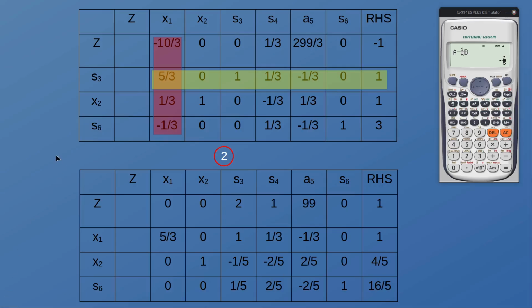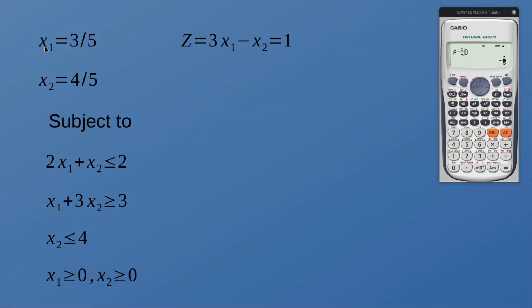So having noted that x1 is nothing but 3 by 5, x2 is nothing but 4 by 5, if we put it in z, we get 1. Right? Now, if we put it in the first constraint, we are bound to get 2x1 plus x2 as 2. In the second constraint, it is going to be 3.